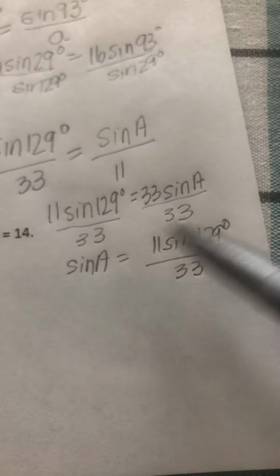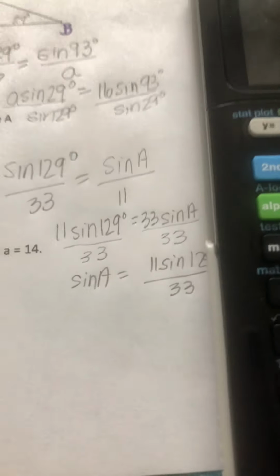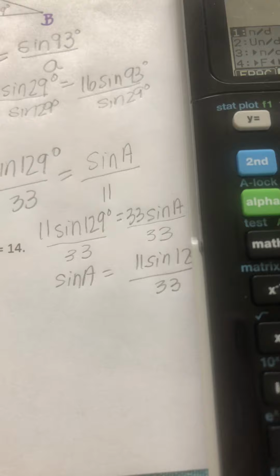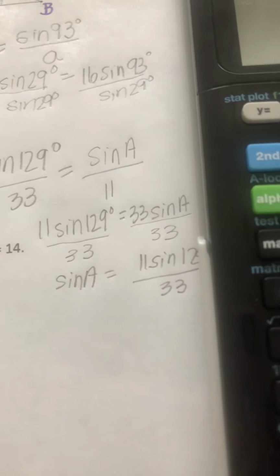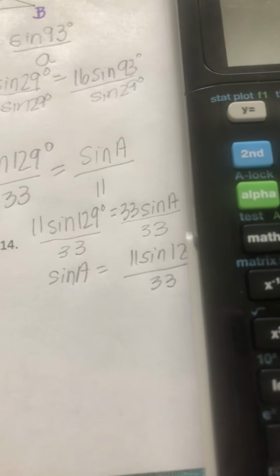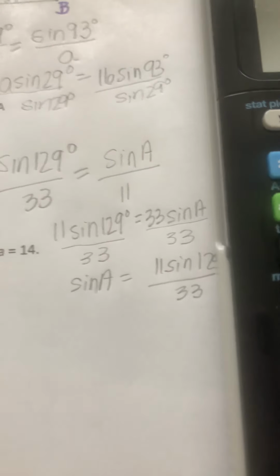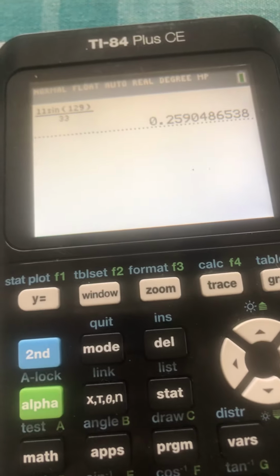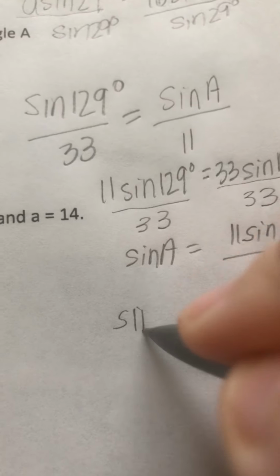So I would type that into the calculator and keep the value there. Okay, so there it is. So it's 0.259 about. So sine A equals 0.259.